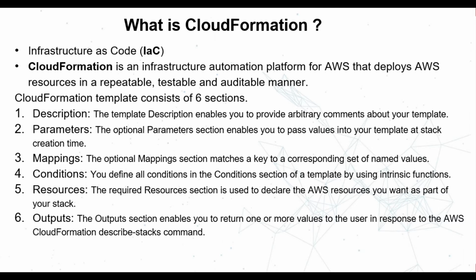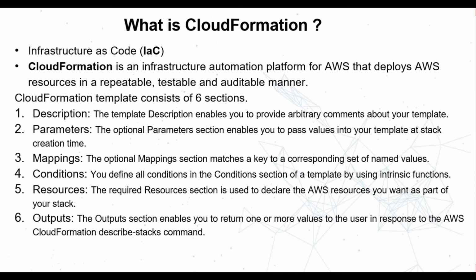Then there is the fourth section of the CloudFormation template, that is the conditions. You define all the conditions in this section which you will use in the CloudFormation stack. For example, you can apply a condition whether a value is equal to another value or not.